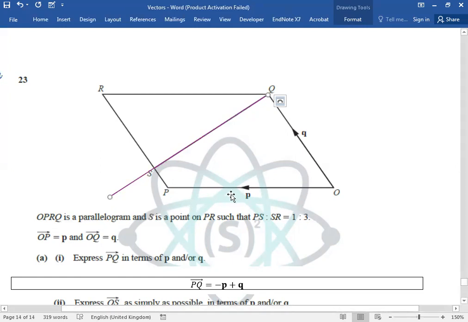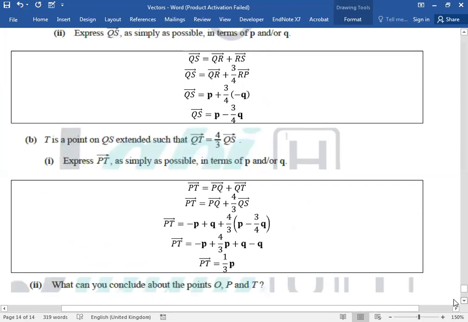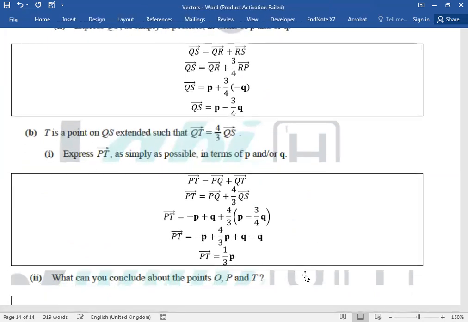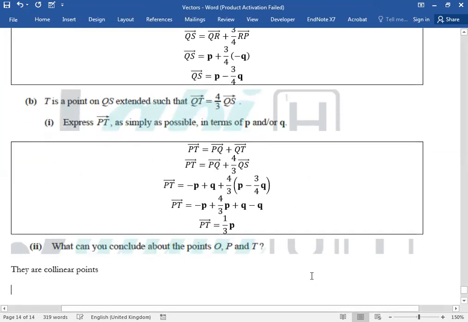That means कि P के बाद T इसी लाइन में ही था. PT is parallel to OP. So what can we say about O, P and T? We say that they are collinear points. Points that lie on one single line are called collinear points. Is this clear?